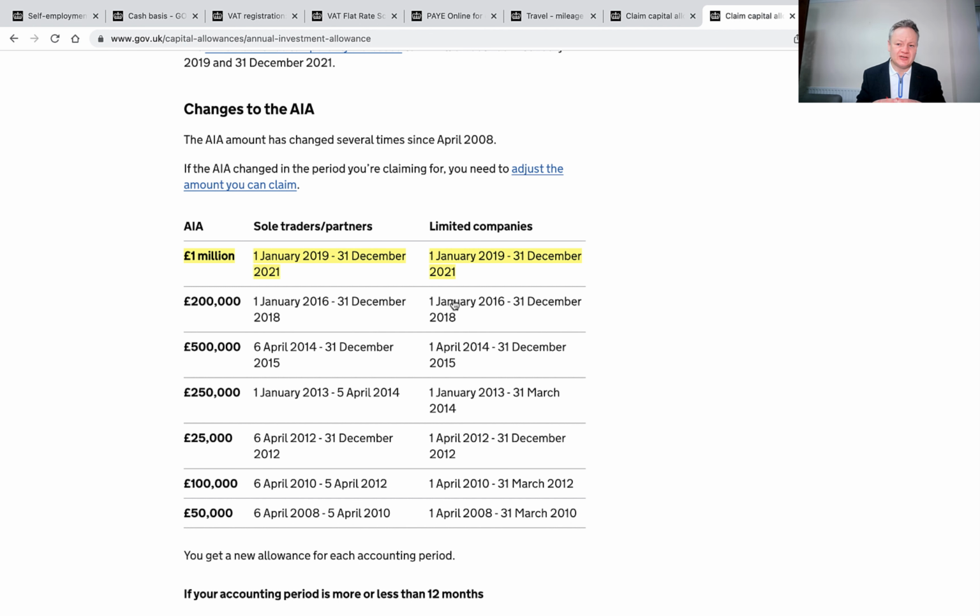The difference is annual investment allowance is a 100% write-off in the year of acquisition. But if you didn't do that and you've messed things up maybe, then your capital allowances will be attributed over a number of years. So they are one and the same, but you just need to do some calculations on what you could put through your self-employment tax return.